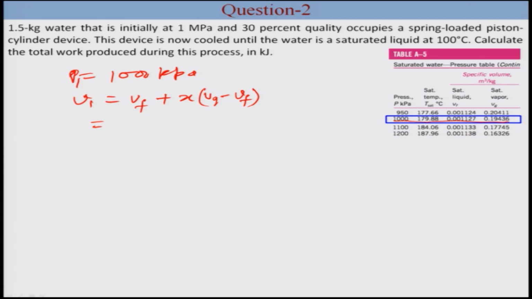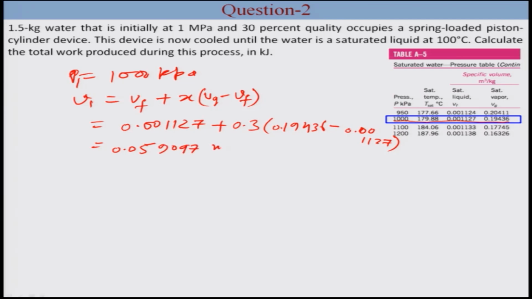After plugging in the values, we get 0.001127 plus quality, which is 30%, so 0.3, times Vg, which is 0.19436, minus 0.001127. From here we get V1 equal to 0.059097 meter cube per kg.